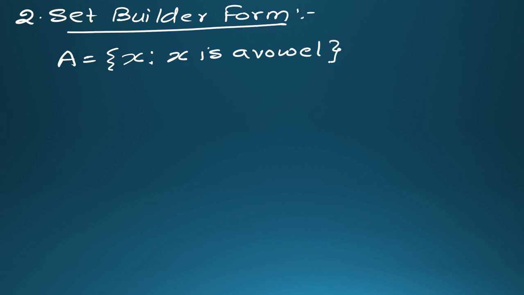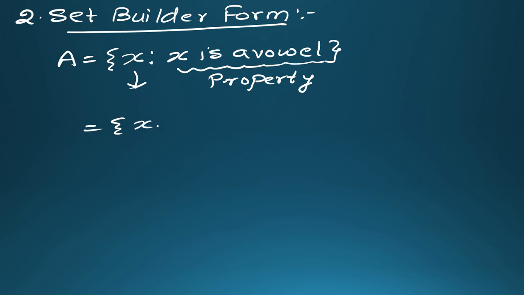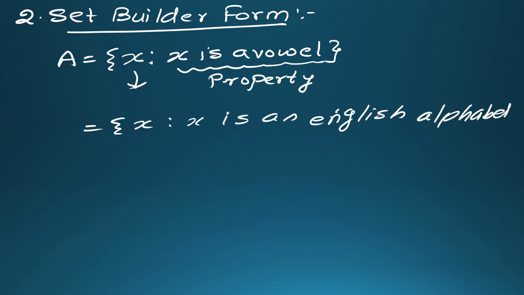Now in set builder form, you take a small letter and give a property based on that letter, so that only the required elements belong to the collection. What does it mean? If you write x such that x is an English alphabet, what's the problem here?